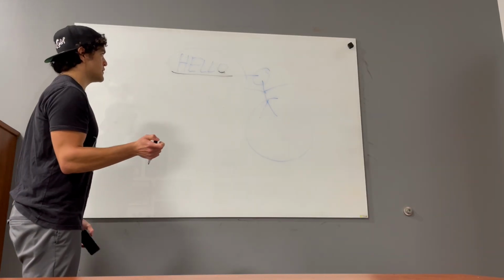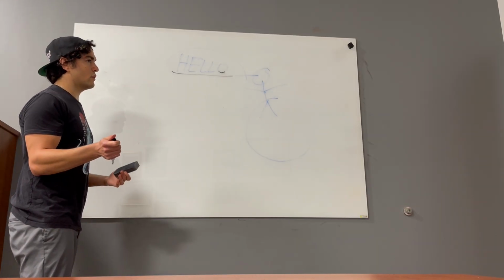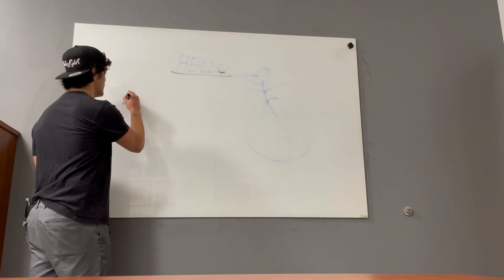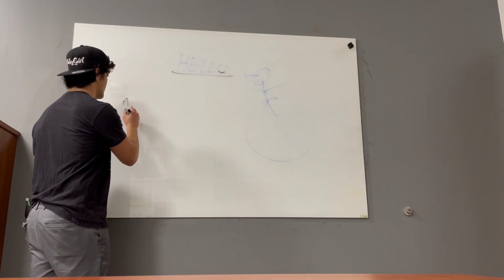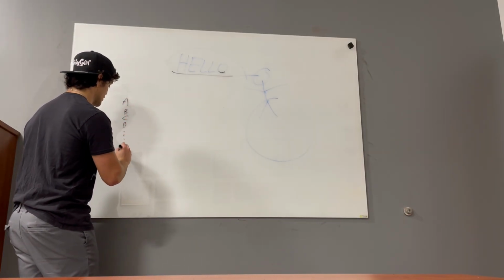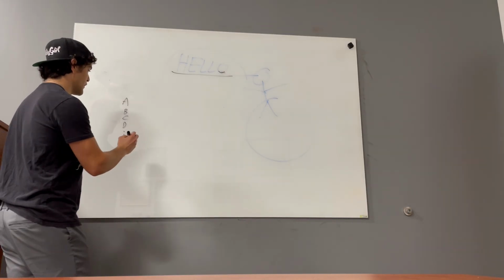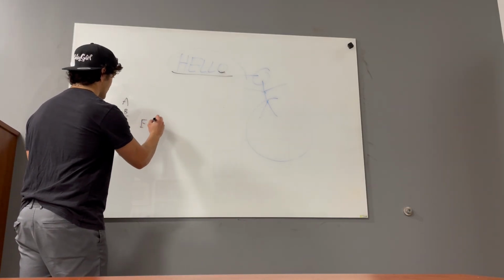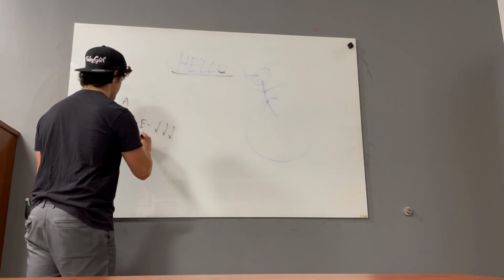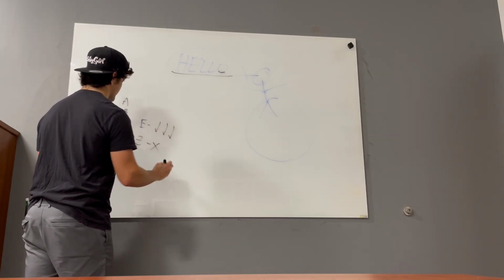The idea is that in English, right, we know how frequent on average each letter is. So for example, we know that E comes up a lot and Z not really.